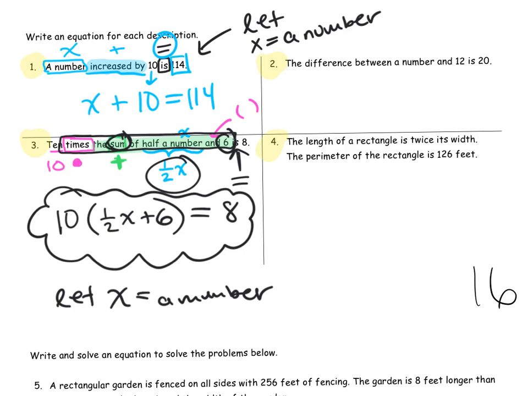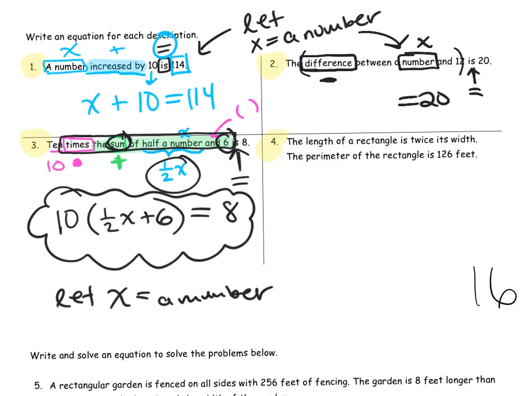So for question 2, we have the difference, remember difference means subtraction, between a number and 12 is 20. So I don't know what the number is, so let x equal the number. We'll call that number x. The difference between a number and 12 is 20.